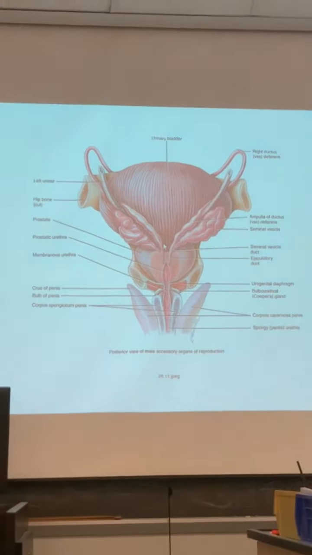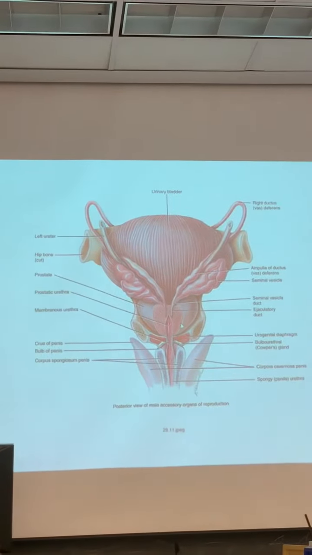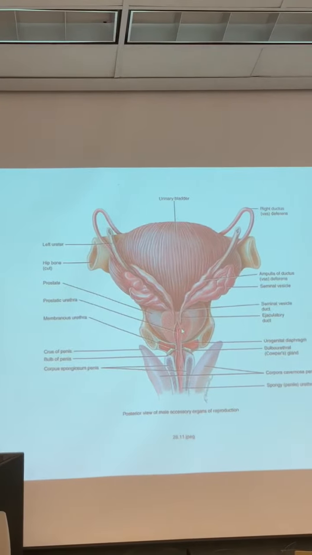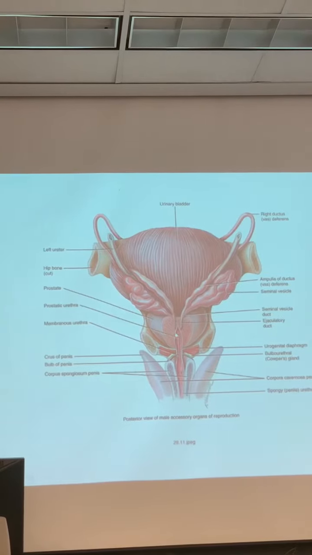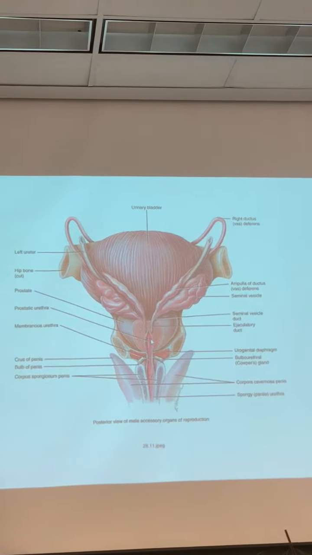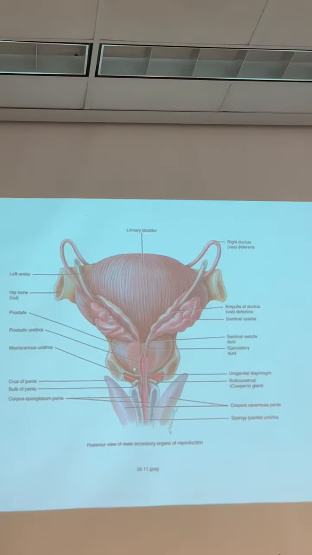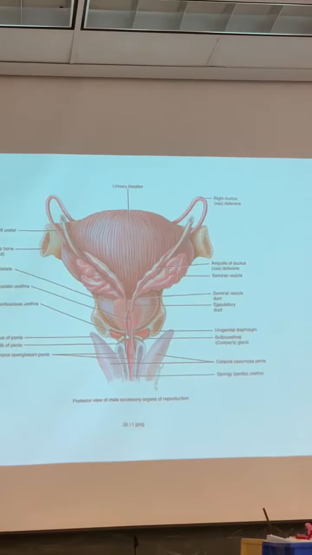So the urethra passes out of the bladder, passes through the prostate. It's called the prostatic urethra. This is also the location where the ejaculatory ducts enter. You can see their openings there. And this is all before the urogenital diaphragm.